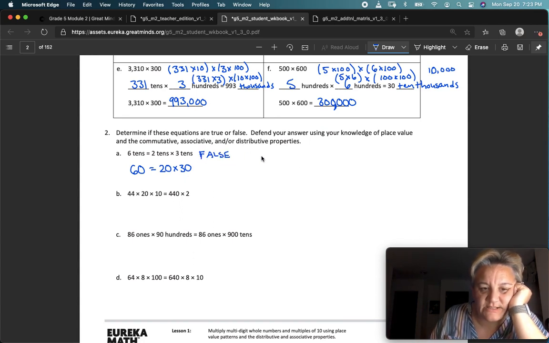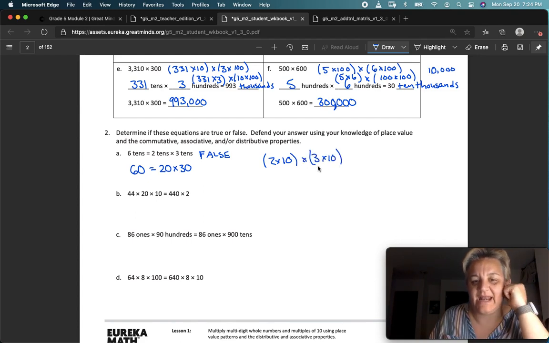Let's try it. So if I had 2 times 10 and I had 3 times 10 and I moved those around to say 2 times 3 and then 10 times 10, here I'm going to get 6 times 100, right?